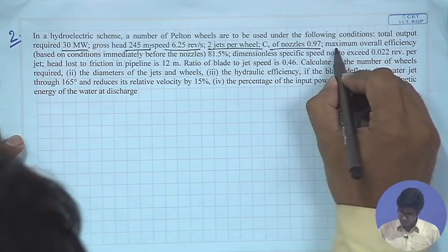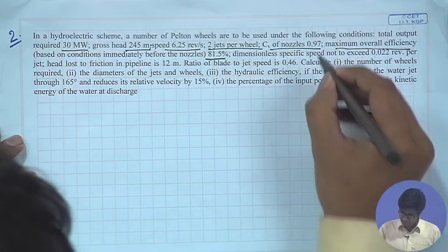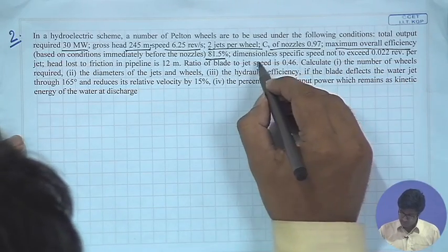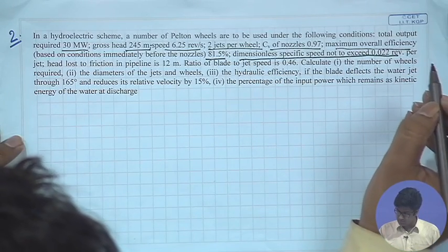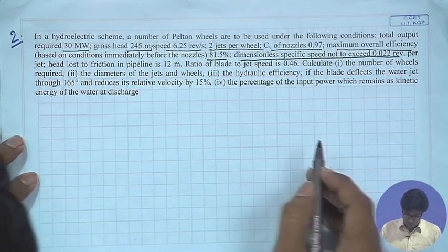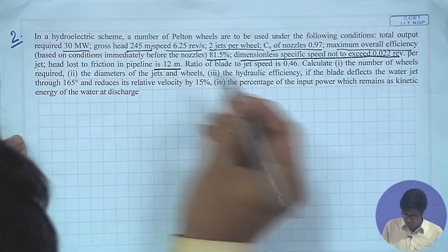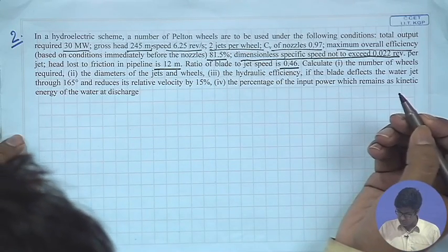The maximum overall efficiency is 81.5%. The maximum value of the dimensionless specific speed is given as 0.022 revolutions per jet. The head lost due to friction in the pipeline is 12 meters. The ratio of the blade to the jet speed is 0.46.